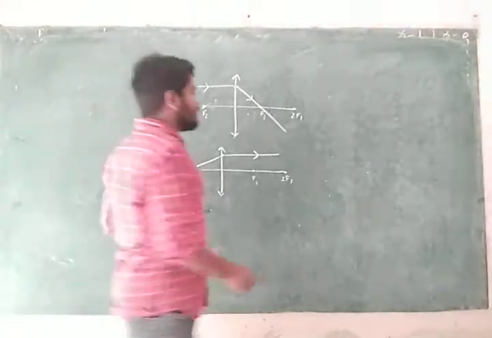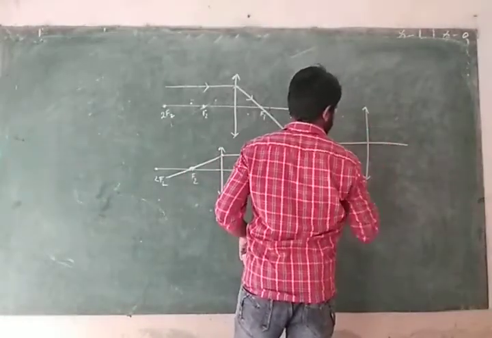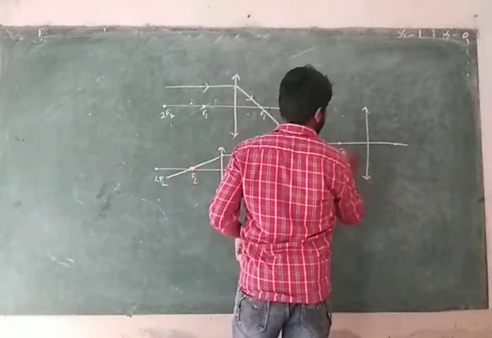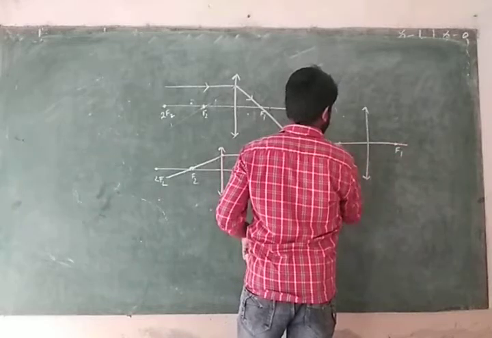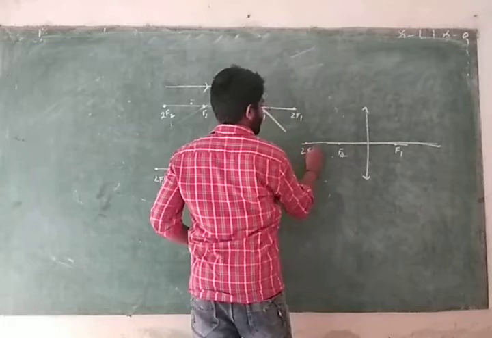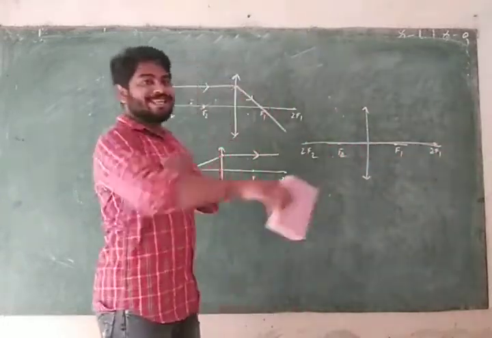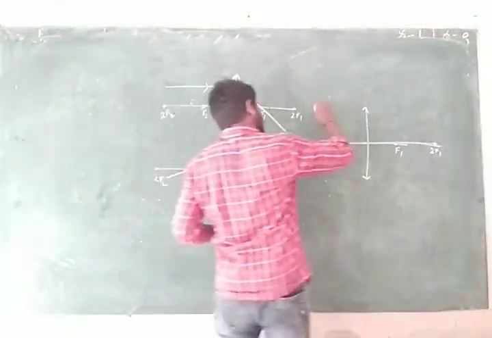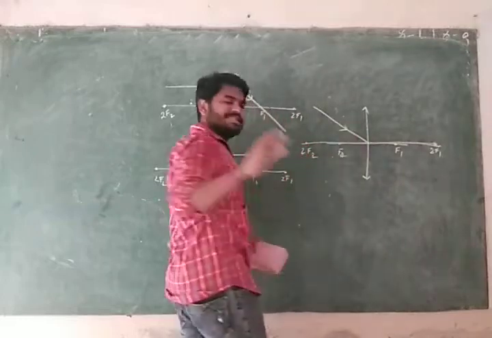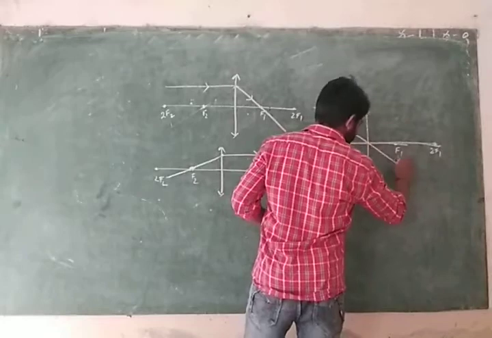And the third one is, say, F2, F1, here 2F2, here 2F1. Clear? In the third case, when a light ray passes through the optic center, it never deviates. It moves forward undeviated.